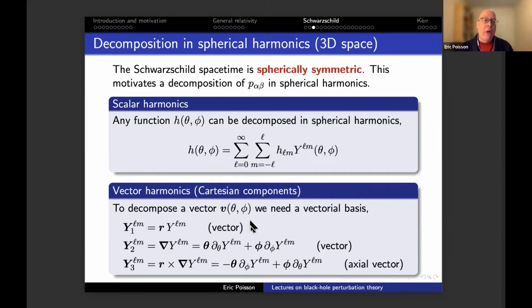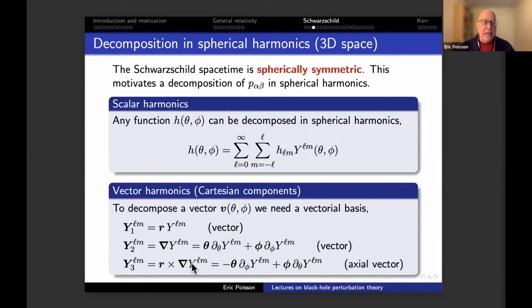So that's how you go from a scalar basis to a vector basis, and you basically rely on all of those basic directions that are defined by the radial vector and the theta and phi vectors. One observation here before we move on is that because I'm constructing Y3 here as a cross product, this construction is not defining an actual vector, it's defining what's known as either an axial vector or a pseudovector, and that has to do with the behavior of vectors under parity transformations.